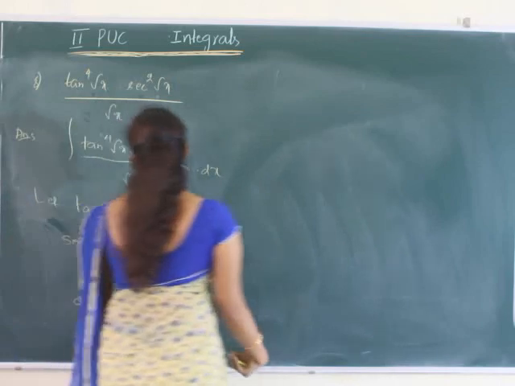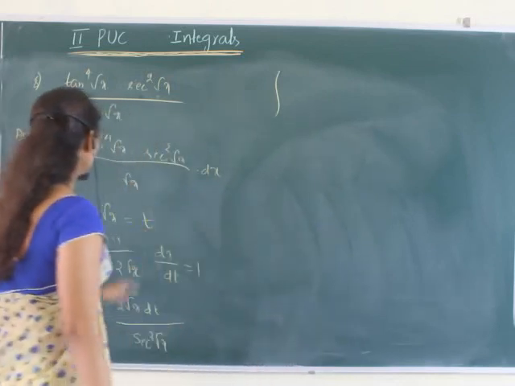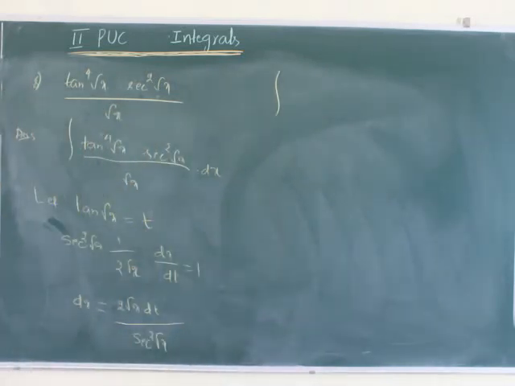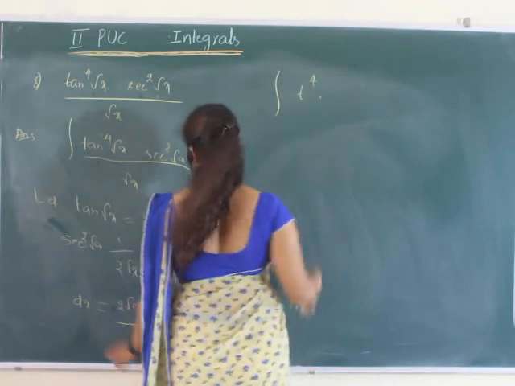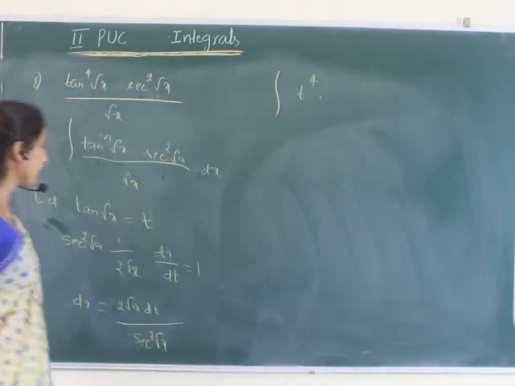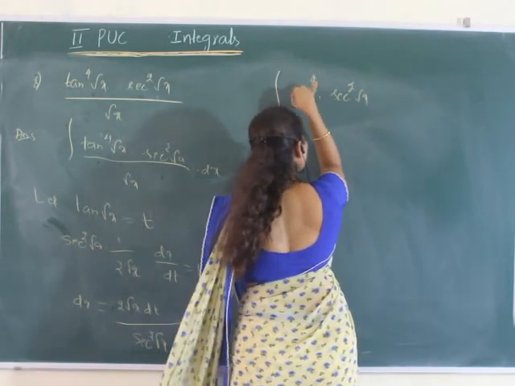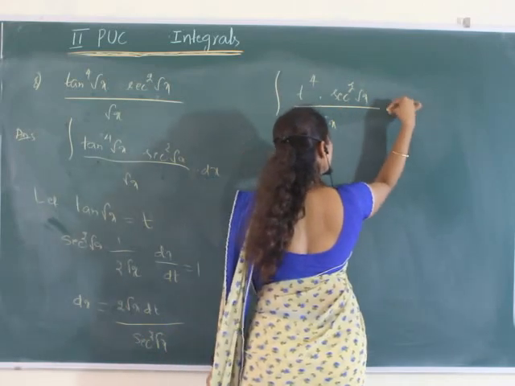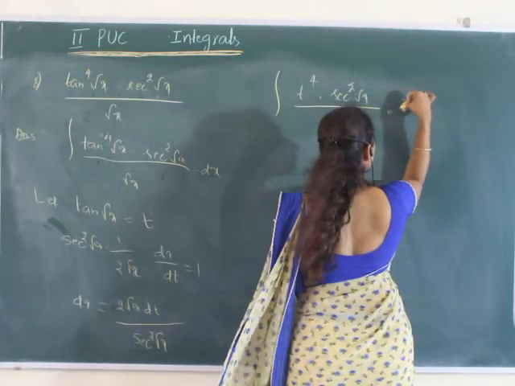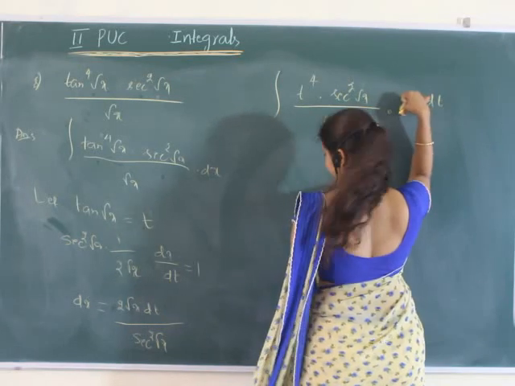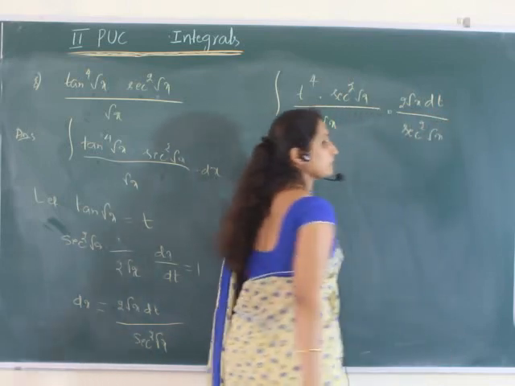Now make a substitution. We have taken tan √x as t, so that will be t to the power 4 into secant square √x as it is, divided by √x also as it is, into dx, which is 2√x dt divided by secant square √x.